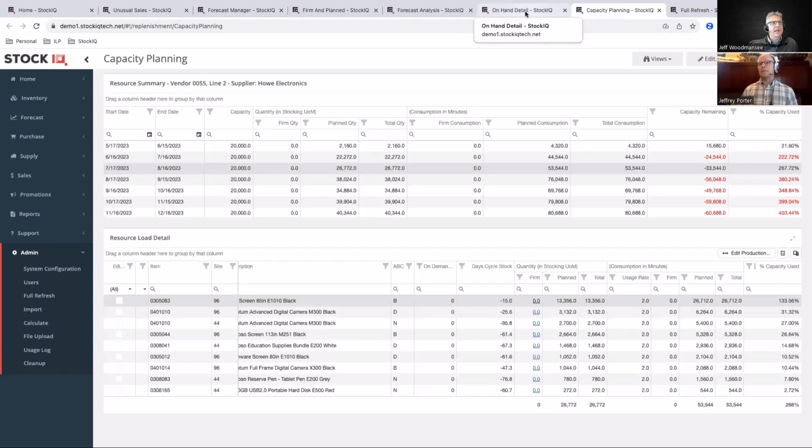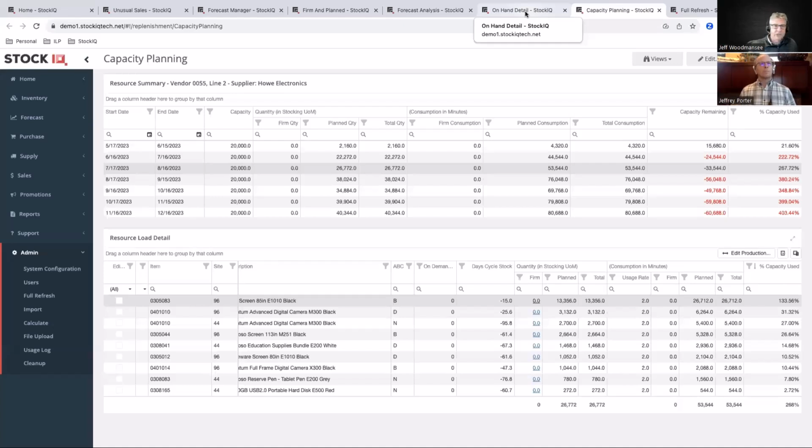Yeah, I was going to make a quick comment here. When you're thinking about capacity planning, this could be if you're making a widget in-house and you can only make so many widgets per month, you could use this to model that and see which month you're going to have a problem. Traditionally, people that sell into the retail world have trouble producing enough for the holiday season if they just do regular production.